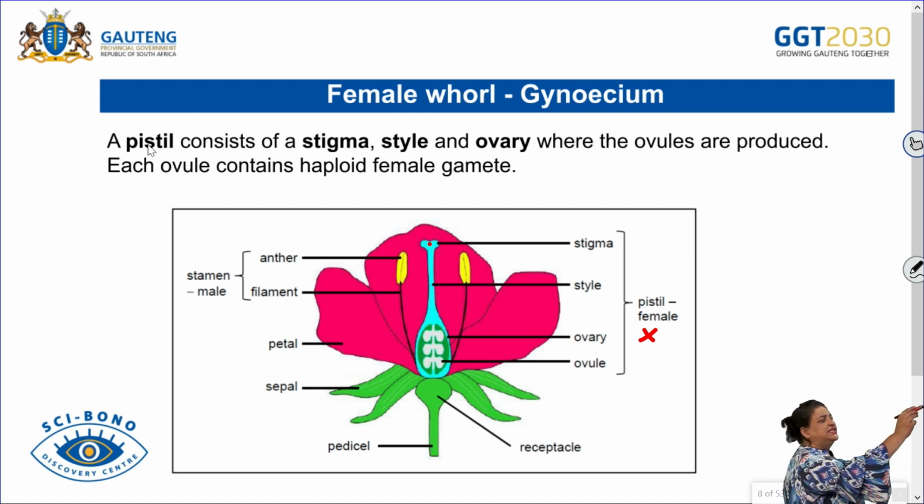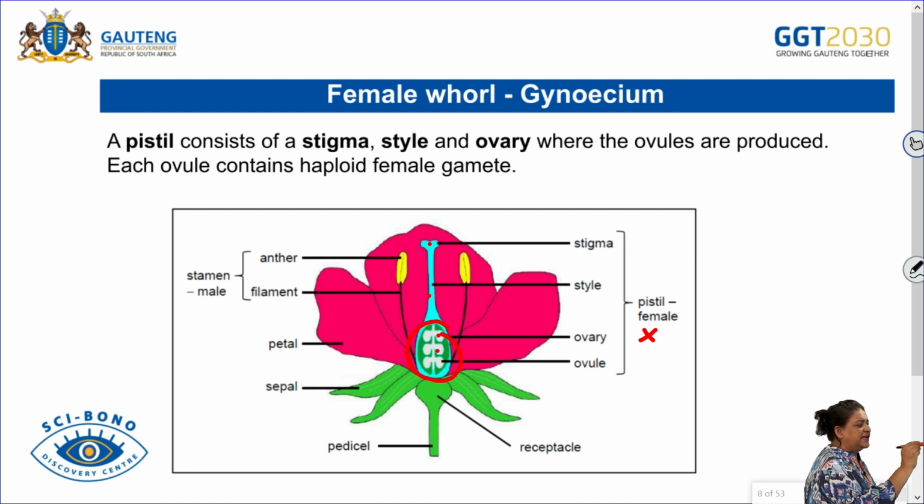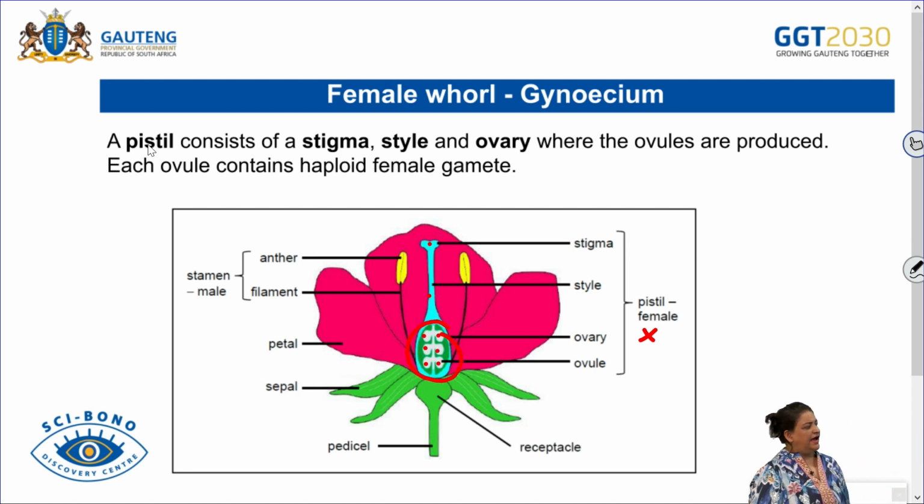So here is your sticky stigma. Then your style. Remember, your style supports your stigma. And your main thing is your ovary here. And inside there are your ovules. How many ovules can you see in this ovary? You can see 1, 2, 3, 4, 5, 6. So how many seeds will form in this fruit after the ovules are fertilized?